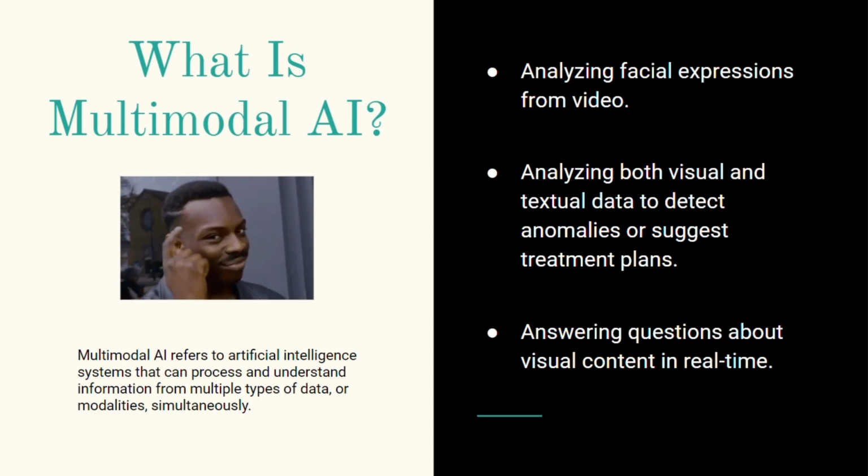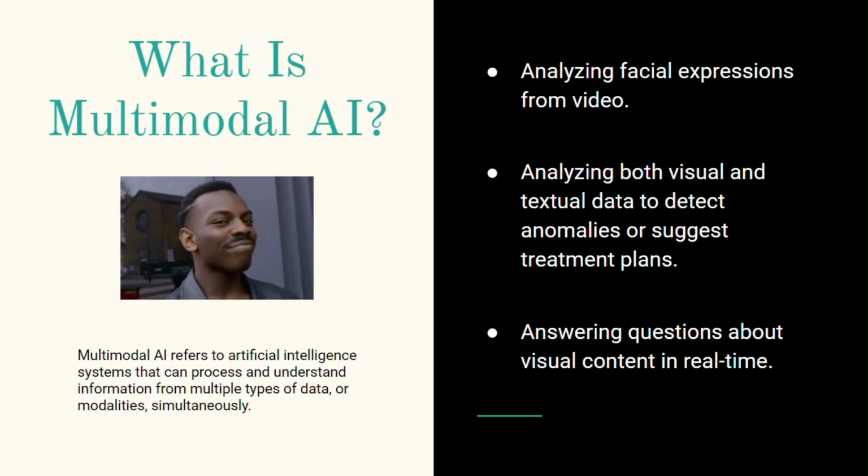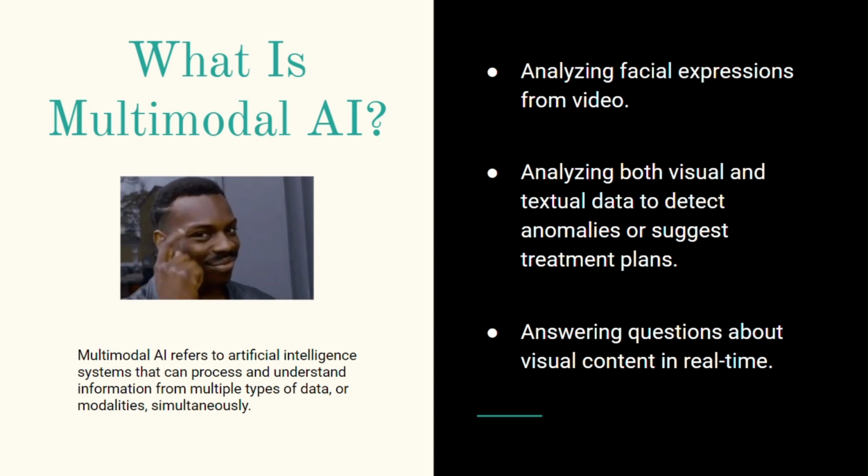Now, one real world example, and this is something that I've worked on in the past in terms of how multimodal AI can be useful, is for people with sight disabilities. So, for example, let's say that you want your presentation and your dashboards to be more inclusive.